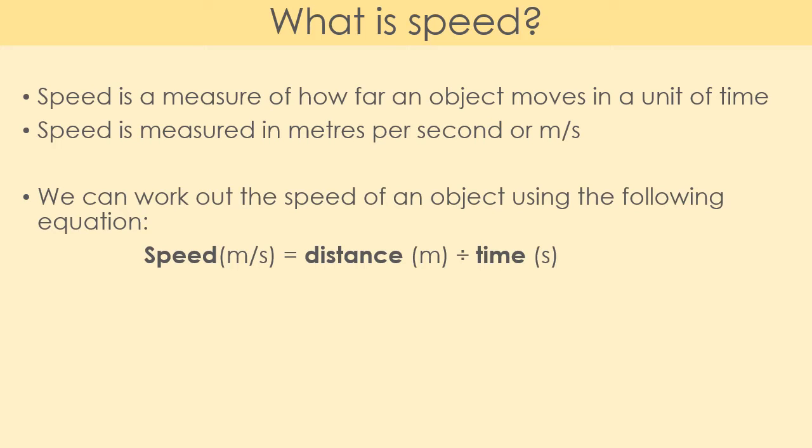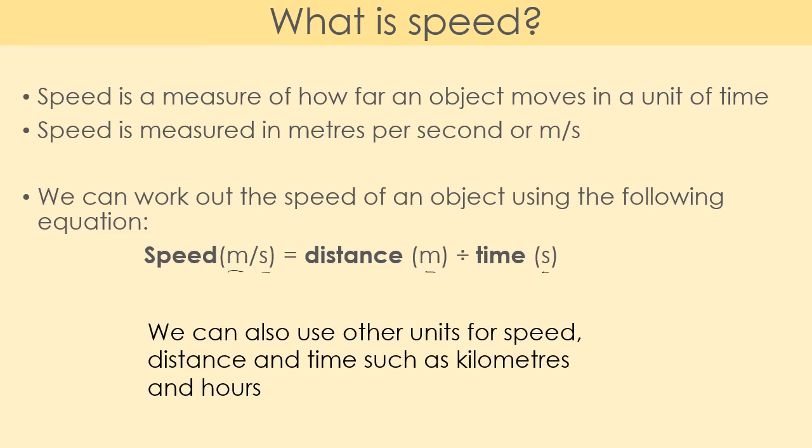If we have a look at the units we've got meters per second, meters divided by seconds, which is what we have on this side, meters per second. We can always work it out using our units as well. Now sometimes we use other units for speed, distance and time, such as kilometers per hour.